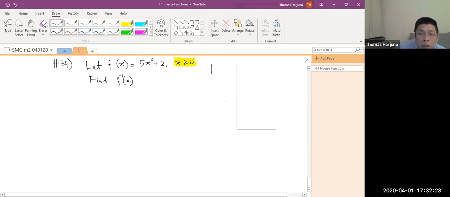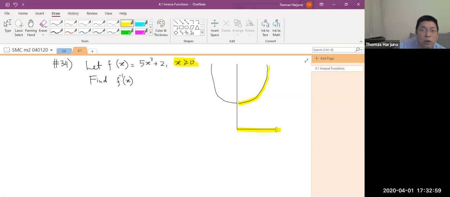So it is actually something that looks like this. Now I don't graph that accurately, I just try to show you the situation. The reason they need to make this restriction is because if I don't make that restriction, then I deal with the whole parabola. But with that restriction, I will be dealing with only this branch, only for x greater than or equal to 0.